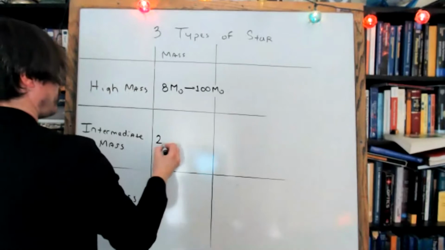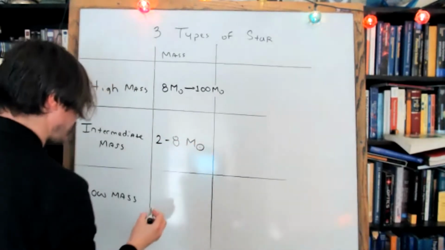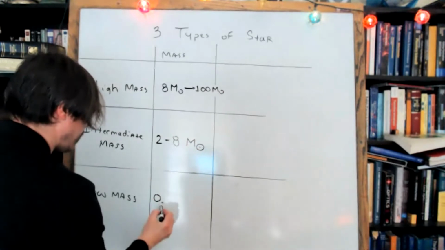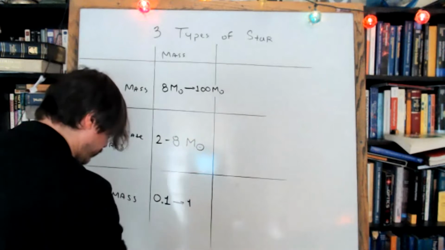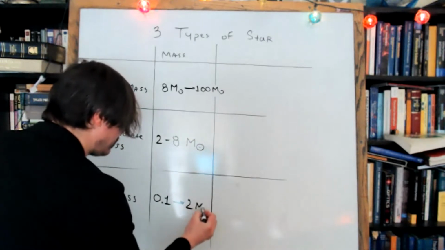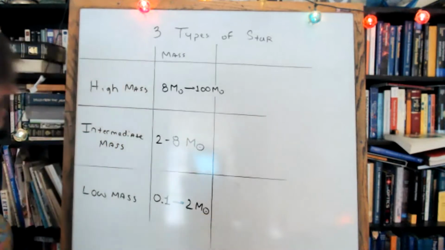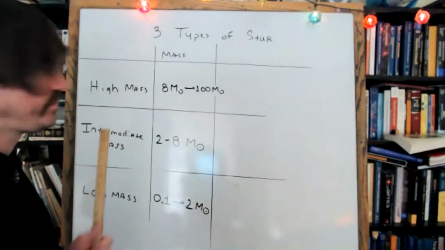Intermediate mass stars go from 2 to 8 solar mass units, and low mass stars can be as low as 1/10 up to 2 solar mass units. Technically speaking, the sun is actually still a low mass star, although the sun kind of straddles low to intermediate mass.